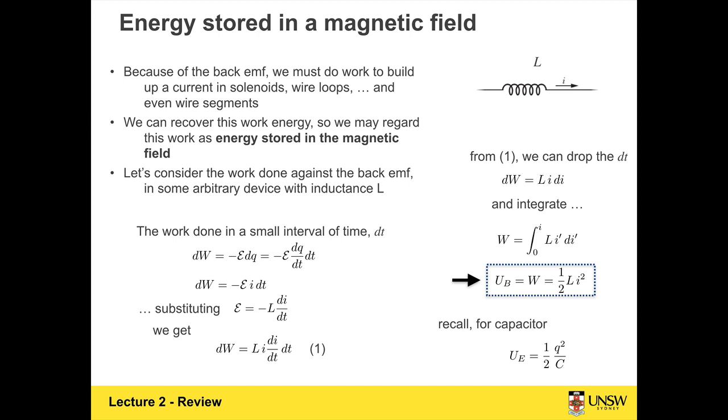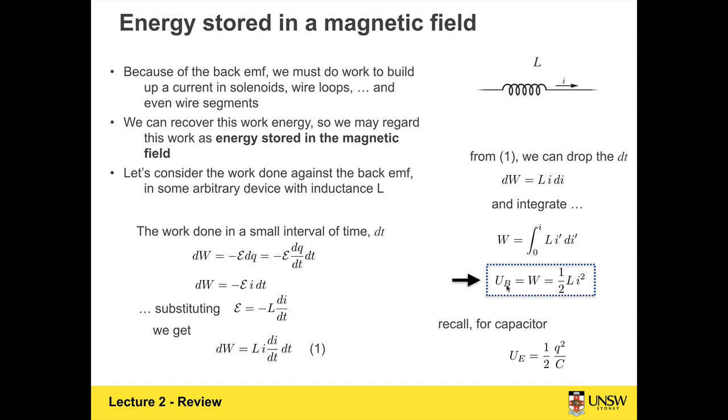Finally, back in 1B, by considering building up a current in an inductor and how that has a back EMF, you have to do work to build up a current in a conductor.